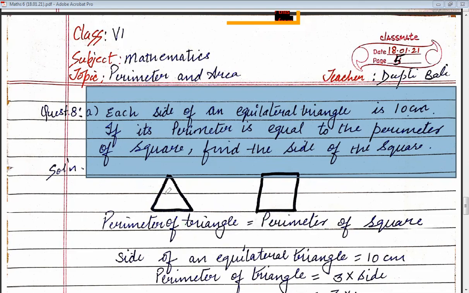So you know that the equilateral triangle formula is 3 multiplied by 10. That is 30 centimeter. So what is the perimeter of equilateral triangle? 30 centimeter. So automatically your square perimeter is also 30 centimeter because according to the question, both are having same perimeter. Okay. So the perimeter of square is also 30 centimeter.